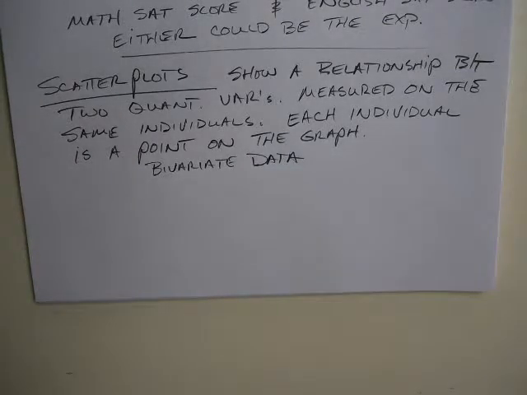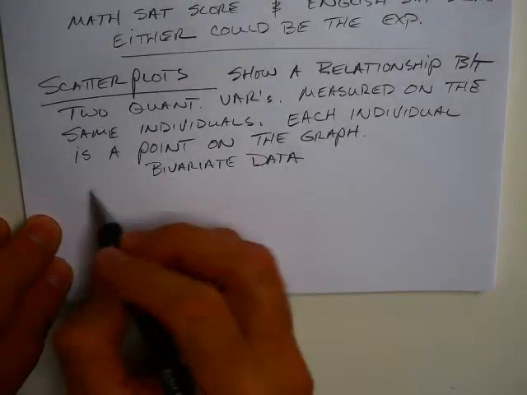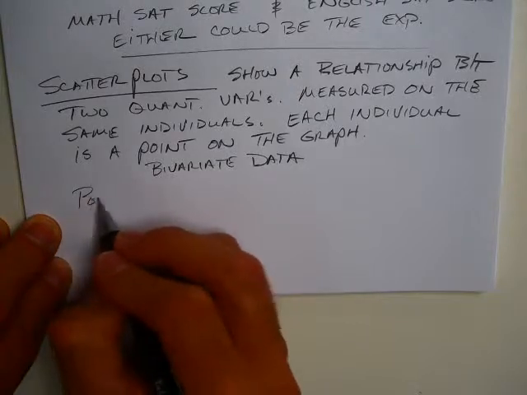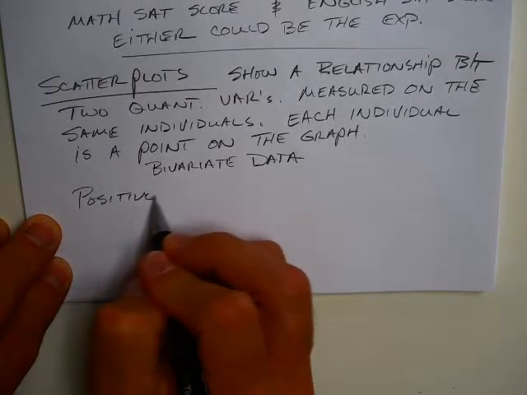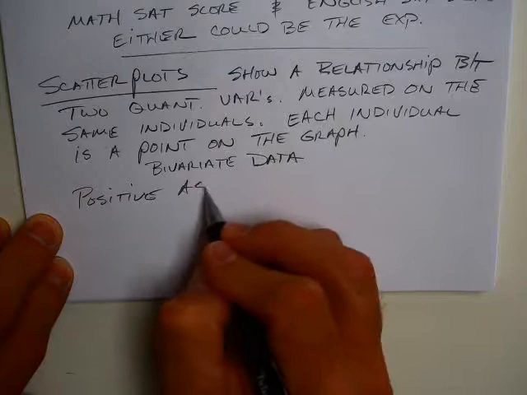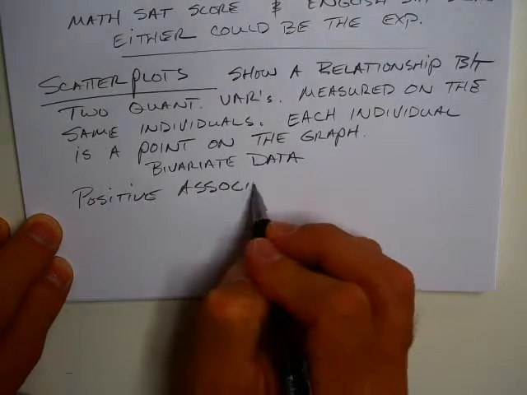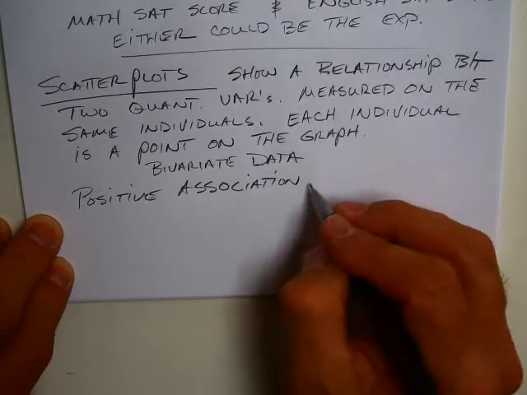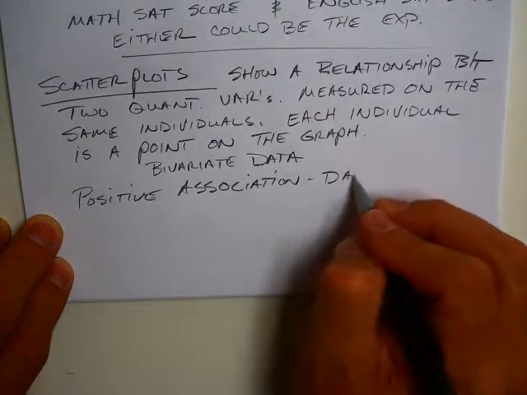And we can get a number of different scenarios to come up with bivariate data. The first one we can talk about is positive association. With a positive association, the data trends up.